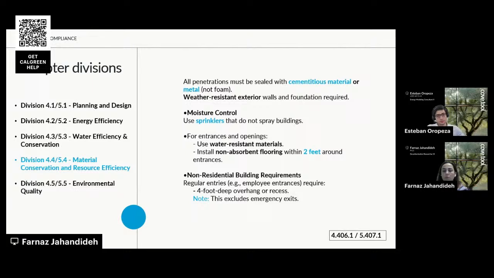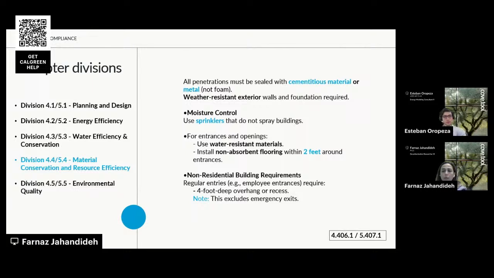All penetrations need to be sealed with a cementitious material or metal and not foam, and have a weather-resistant exterior wall and foundation. Regarding moisture control, using sprinklers which don't spray the buildings is required.